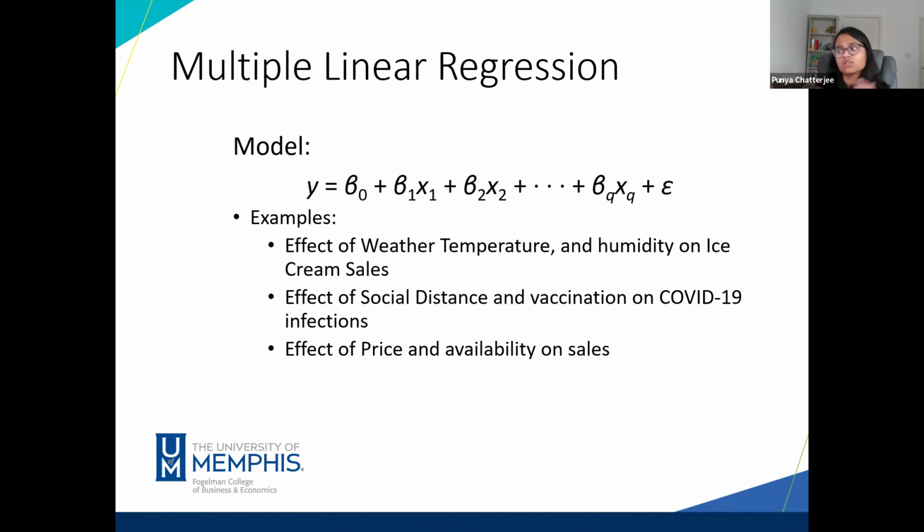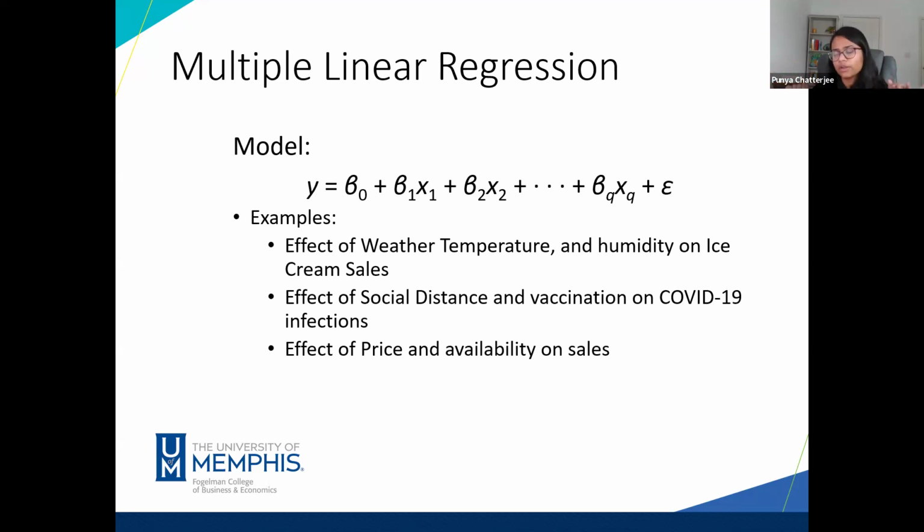So in this case, ice cream sales is going to be the dependent variable, and weather temperature and humidity are going to be my independent variables. As you can see, in this example, I have one dependent variable but two independent variables. So it's not a simple regression anymore, because in simple linear regression, you have one dependent and one independent. So this is going to be a multiple linear regression.